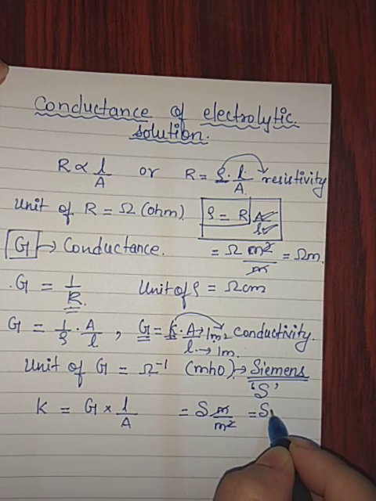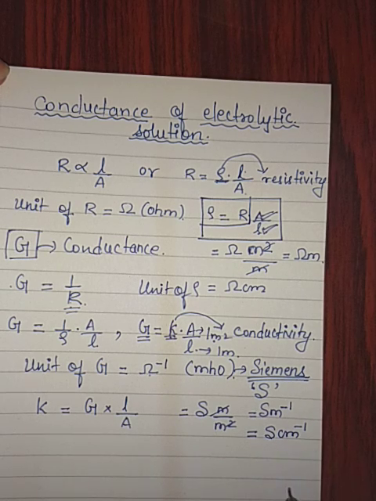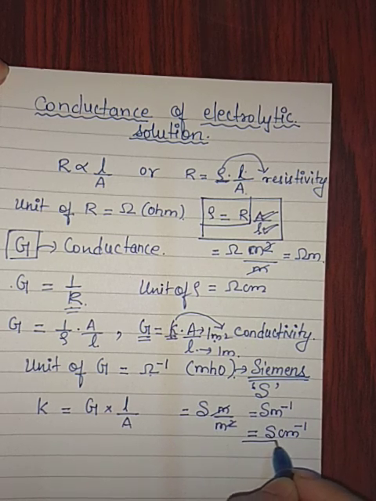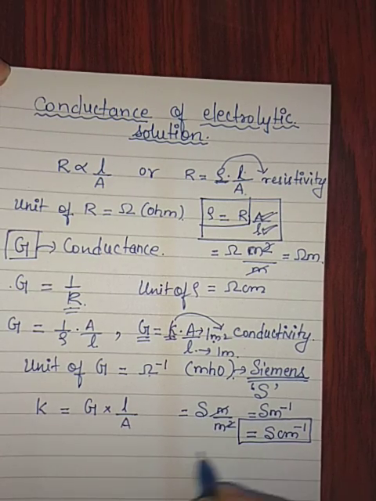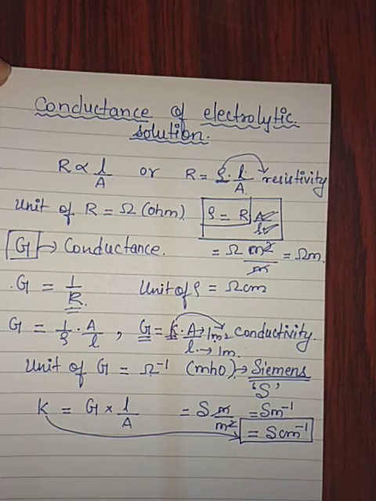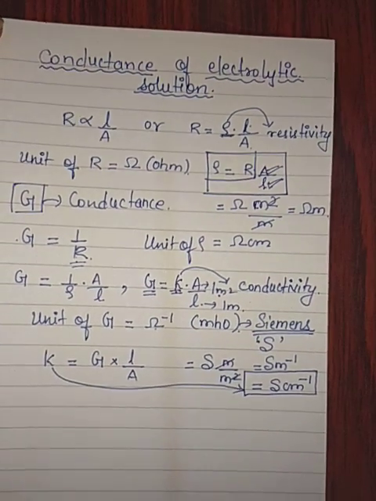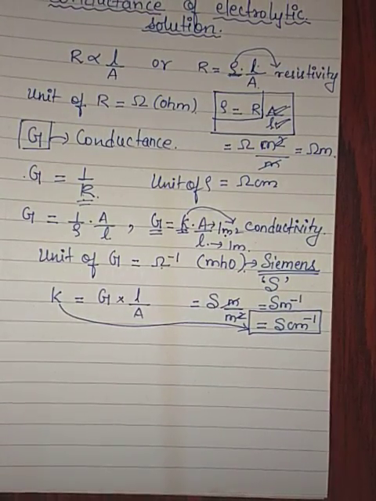The unit comes out to be Siemens meter inverse, or usually expressed as Siemens centimeter inverse. So unit of kappa becomes Siemens centimeter inverse. This is unit of kappa. I hope you understood this. Okay, let us move on.